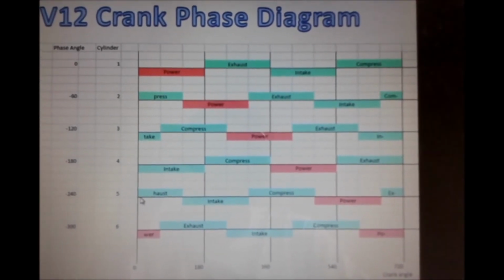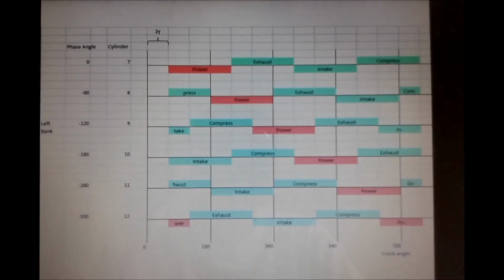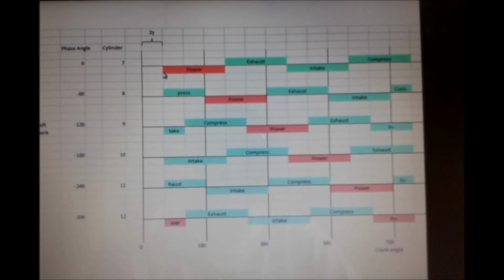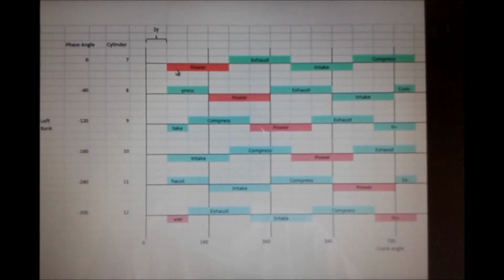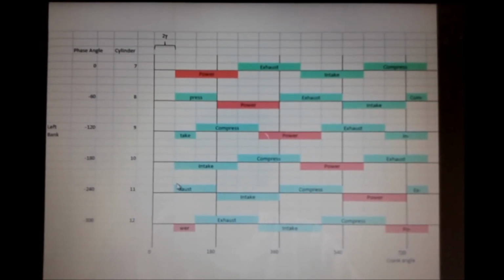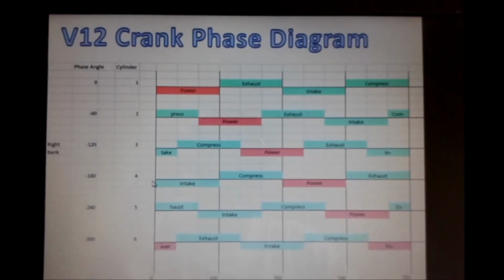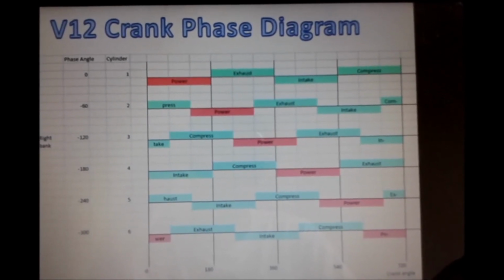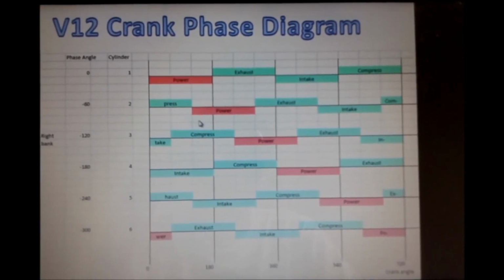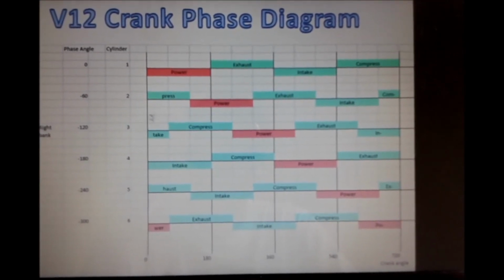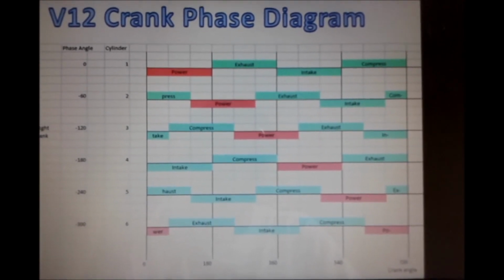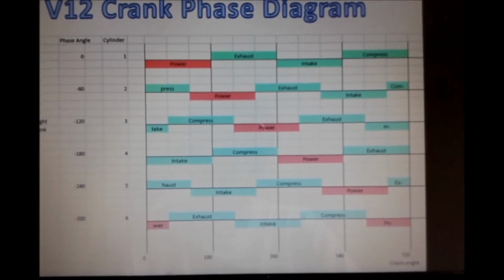Then it is followed by the left bank, the first cylinder in the left bank, which is cylinder 7, and we can see that the power pulse is fired at the angle of 60 degrees. Then it is followed by the right bank, second cylinder, which is cylinder 2, which fires at the angle of 120 degrees, and so on. And we can notice here that the power pulses are spaced by 60 degrees between each other.